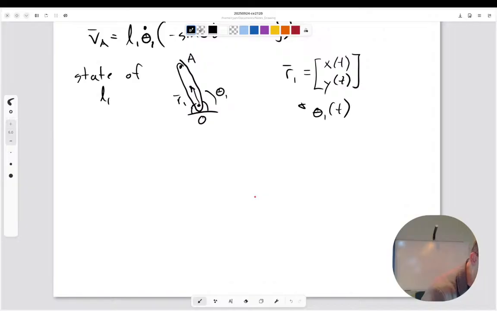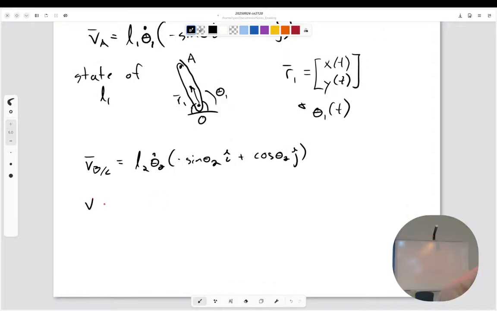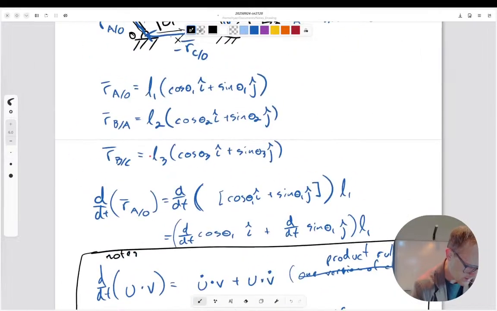Okay, so then we also have VBC is L2 times theta 2 dot, and it's the same form, right? Sine theta 2 along the I, cosine theta 2 along that J. What else do we need?